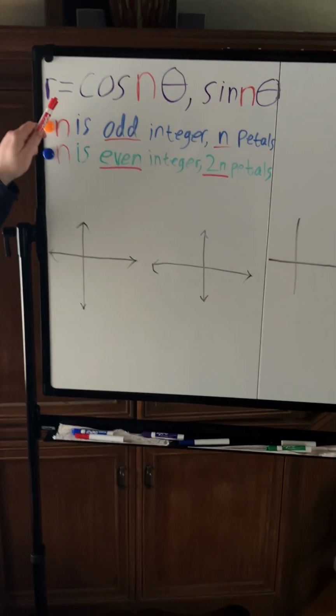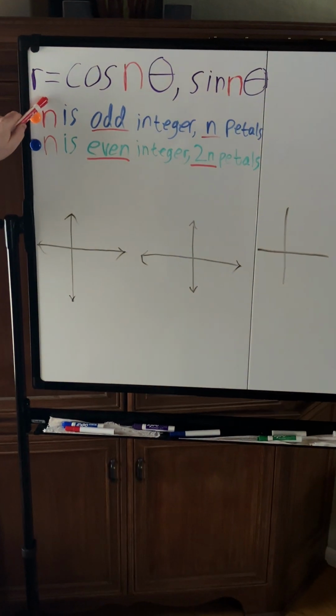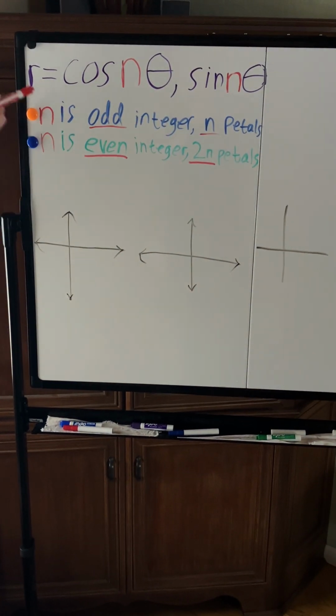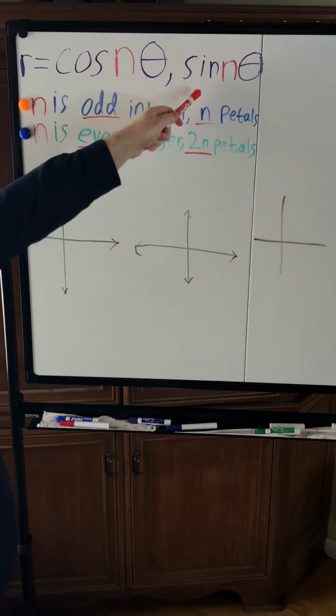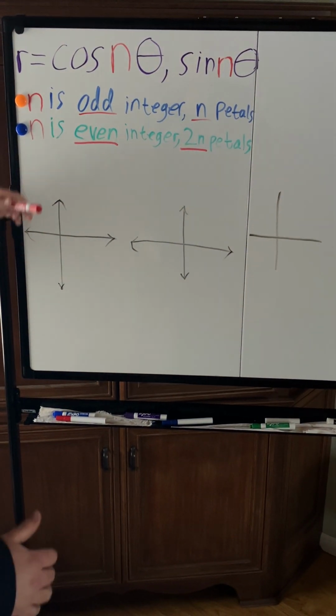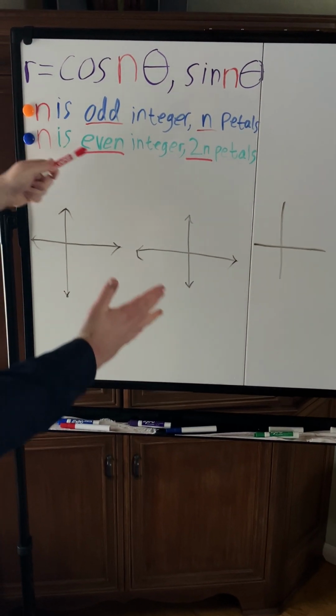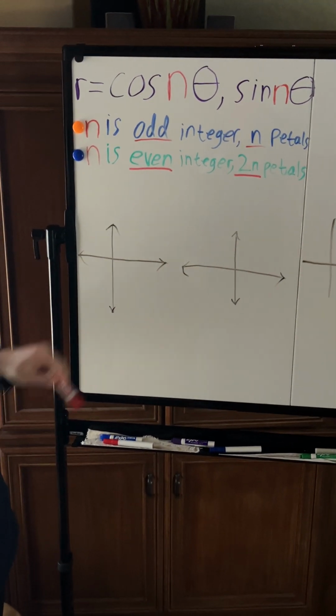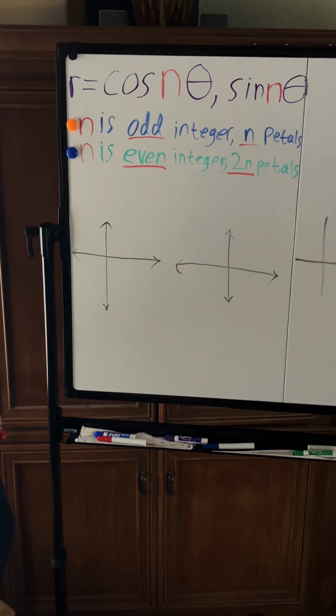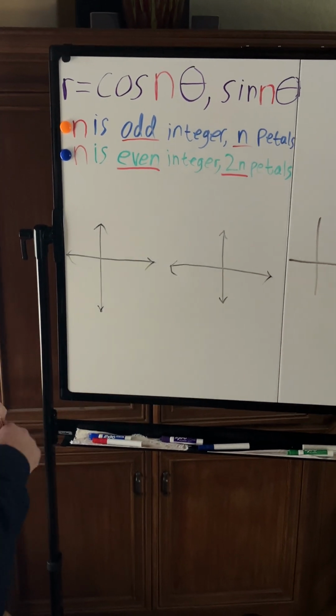So, when you have an equation of this format, r equals cosine n theta, or r equals sine n theta, here's how you can figure out how the graph looks. If n is an odd number, then there's going to be that many petals. So let's look at an example of this.